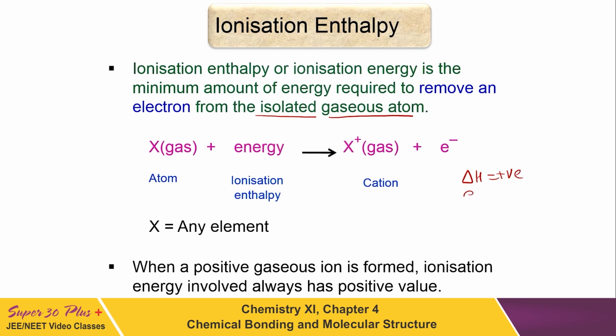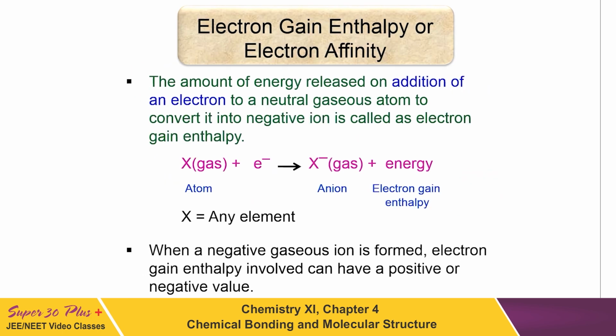It is endothermic. And the energy which is absorbed during any process will destabilize the system, because stability is always inversely proportional to the energy. So we need the value of this energy to be on the lower side.